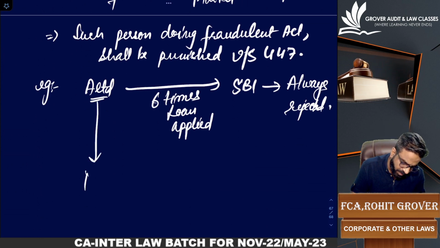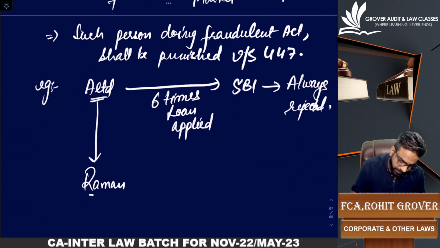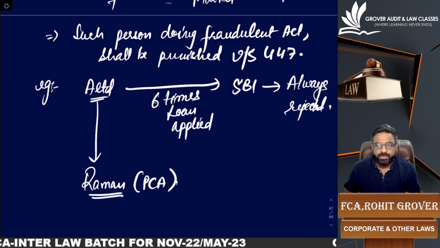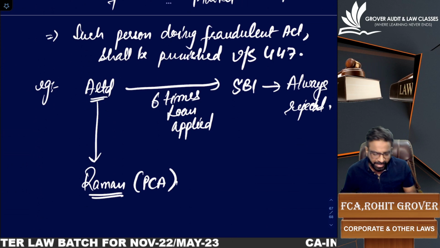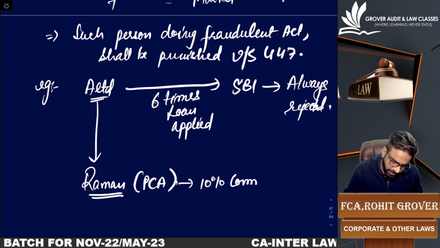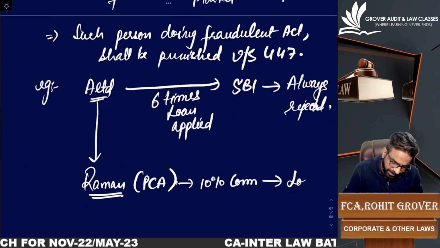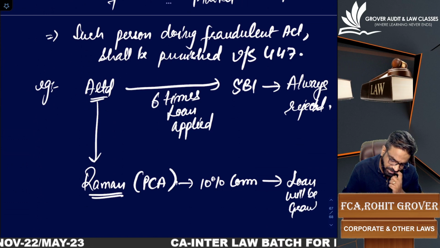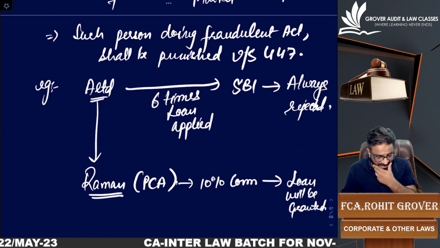A Limited went to Mr. Raman, who is a practicing chartered accountant. So Mr. Raman promised that I will take 10% commission, I will make sure that the loan will be granted. Right or not?